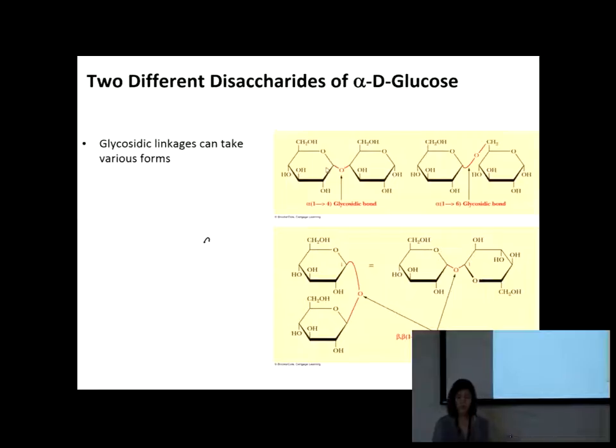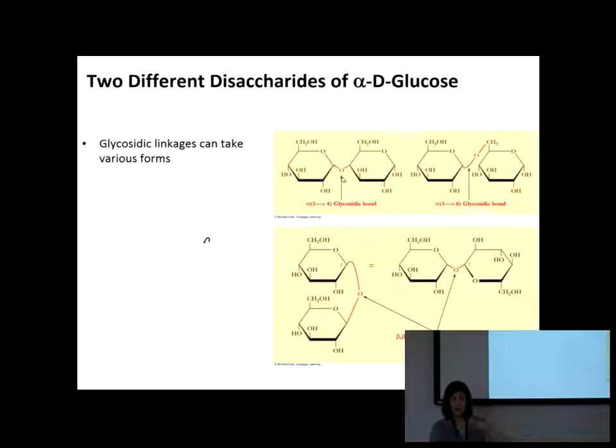Sure. So what you're going to do, to identify what kind of glycosidic bond you have, is first find the sugar that has the anomeric carbon involved in the glycosidic bond. Second, you look and see whether that is an alpha or beta.